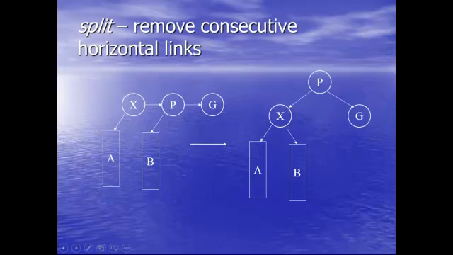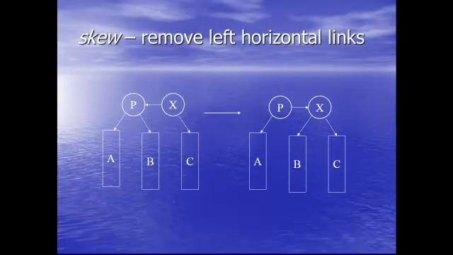And splitting. Splitting is also a function which is used to remove two consecutive horizontal links. There are two problems that can occur in the case of AA trees while inserting new elements, and skew and split are the functions that can be used to remove these problems.